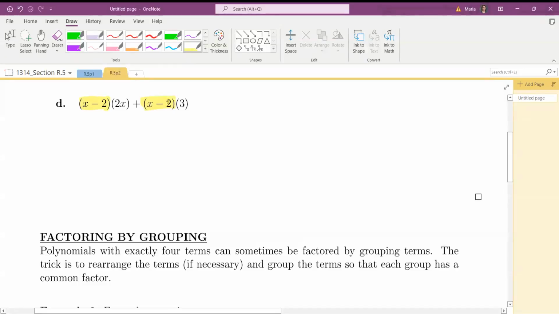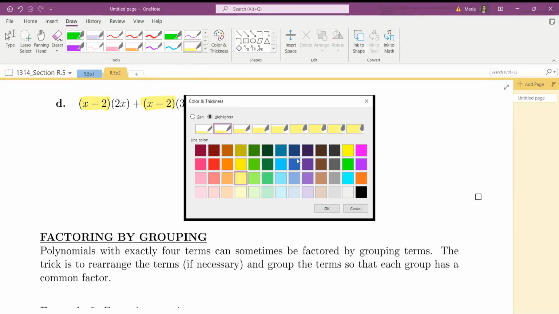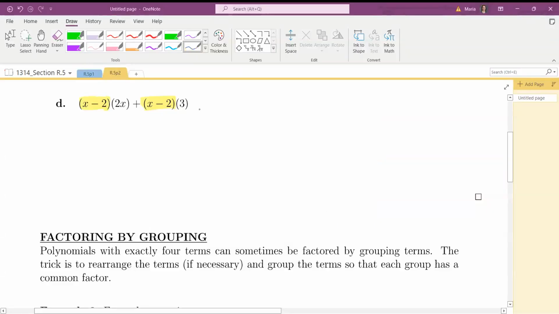This is the same thing that is appearing on both sides of the plus sign. So this is actually our common factor, and I'm going to take it out. My common factor is the quantity x minus 2. It is a package deal. It is inside the parentheses, so you need to keep the parentheses. So that's my common factor. I'm going to factor it out, so I'm going to open my parentheses and write what's left.